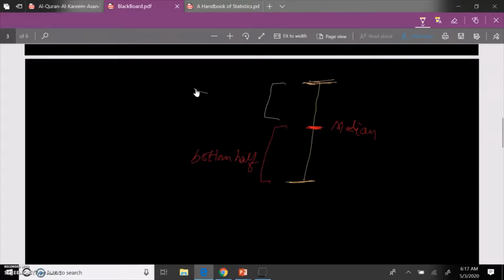So what the median does is divide our data into two halves. But remember, in order to discuss median, your data has to be arranged in order, either ascending order or descending order, right? So this is very important that you understand that.